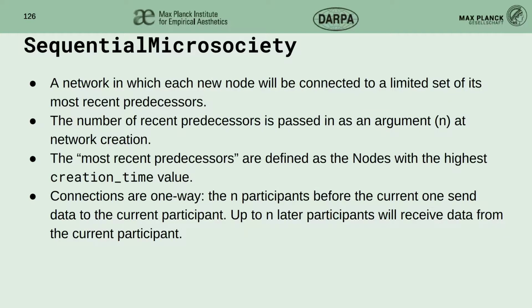Next up, I'll talk about the Sequential MicroSociety. This is a very particular experimental design, but one that's often used in studies of cultural evolution. And basically what you're doing is you have this kind of core society, and you're going to be linking up newcomers and then having older people leave.